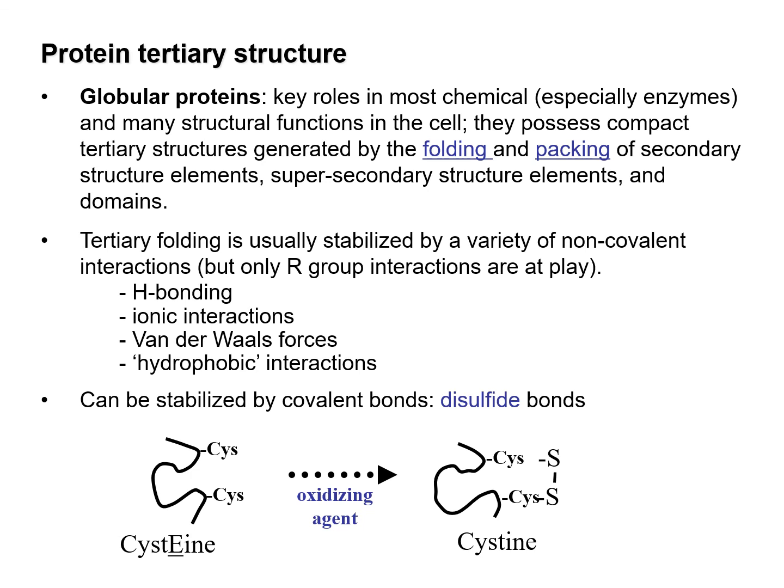Again, between the amino acids or residues, only the side chain R group interactions are at play, not the backbone. And this tertiary structure can be stabilized by covalent bonds too, using disulfide bonds. Two cysteines are involved there. Using an oxidizing agent, they can form the disulfide bond, and it's called a cystine.